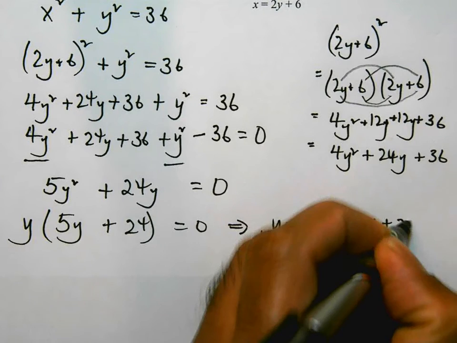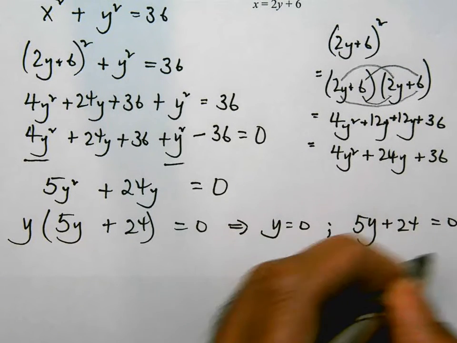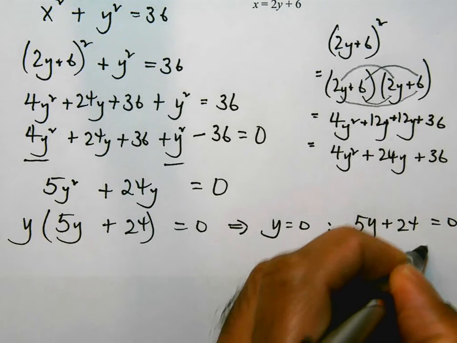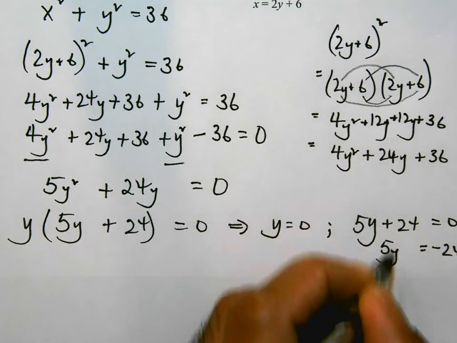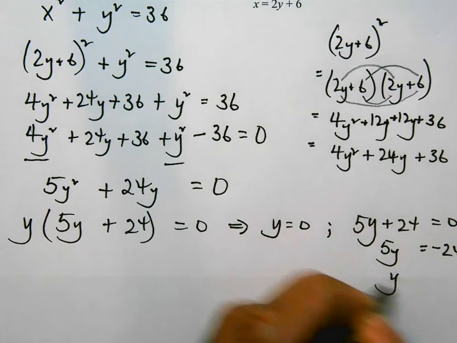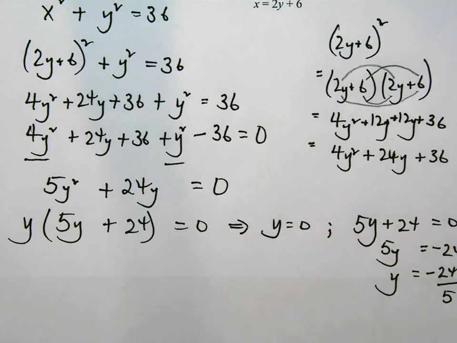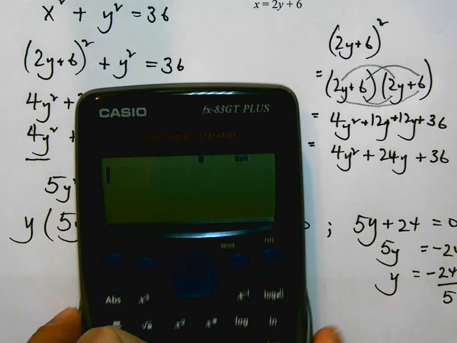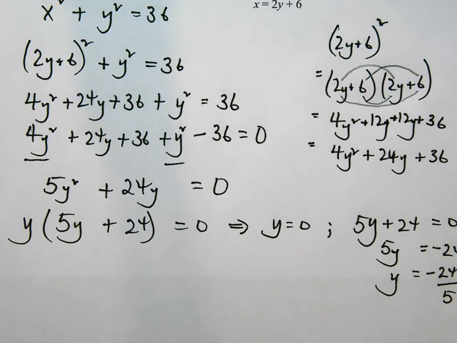So I'll get y is equal to minus 24 over 5. And I'm going to go to my calculator and do that. I'm just going to do 24 divided by 5. And that's 4.8. But remember, it's minus 24 over 5. So that's going to be minus 4.8. If I just shuffle this across, I have y is equal to minus 4.8.